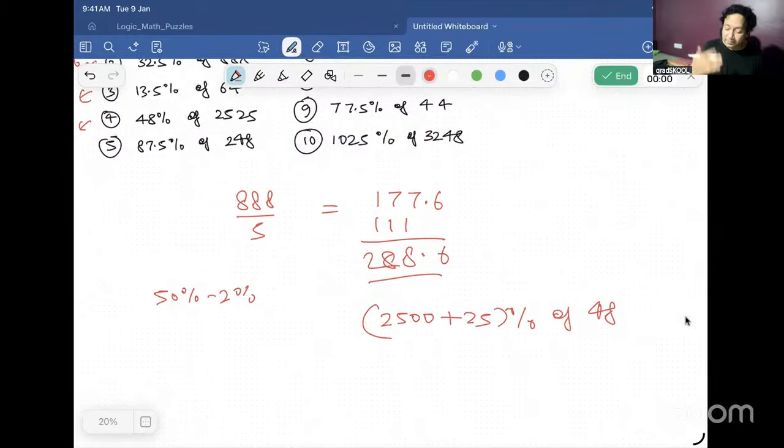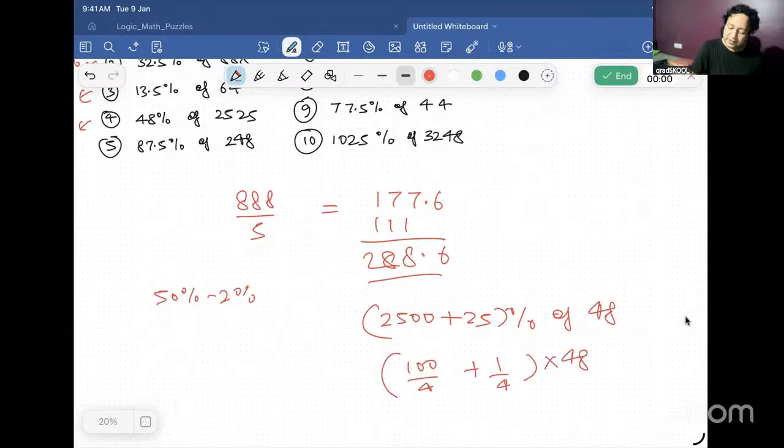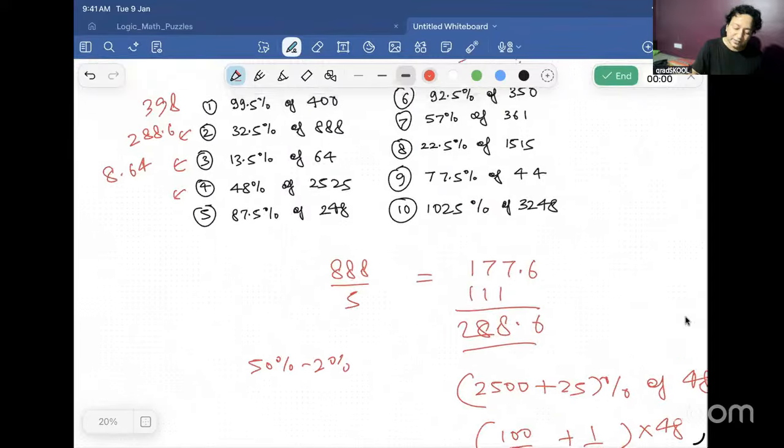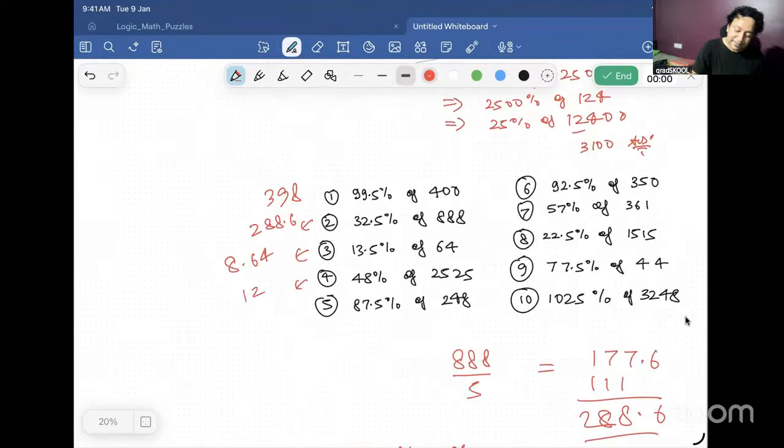This will become really easy. 25% is 1/4. So 2500% is how much? 100 by 4. This is 1/4 already. Of what? Of 48. So 4 12s are 48. 1200 plus 12. So I get 1212 here. Nice.